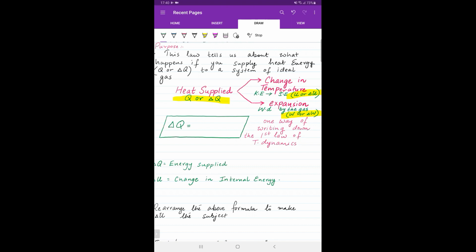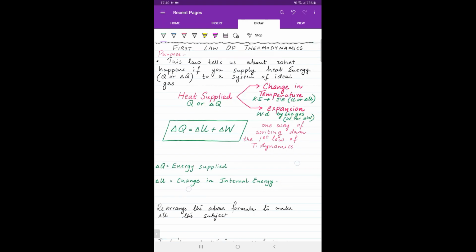Okay, change in temperature, so either U or delta U, and work done by the gas, so W or delta W. So the formula written with the green marker inside the green brackets is one way of writing down the first law of thermodynamics. Hence I have also written the statement that this is one possible way of writing down the first law of thermodynamics.